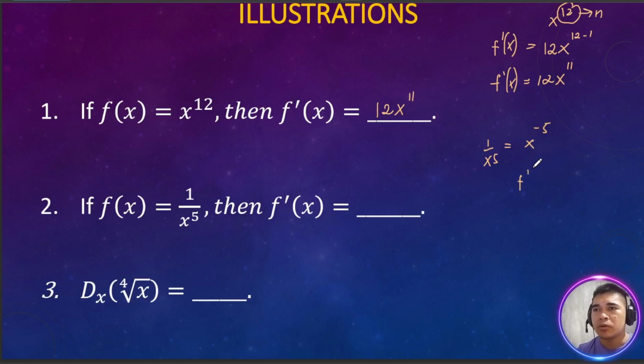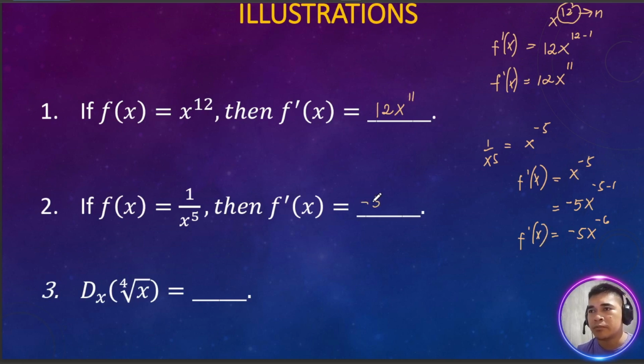So the derivative of x to the negative 5, using the given theorem, n is negative 5, times x to the power of negative 5 minus 1. So the final answer is negative 5 times x to the power of negative 6. So that is our derivative: negative 5x to the power of negative 6.